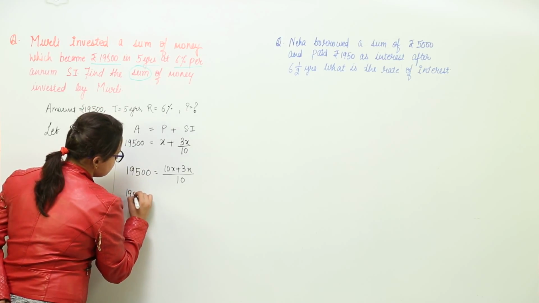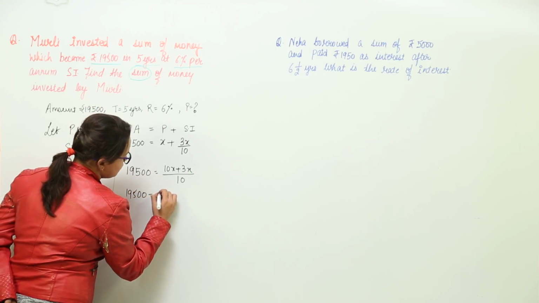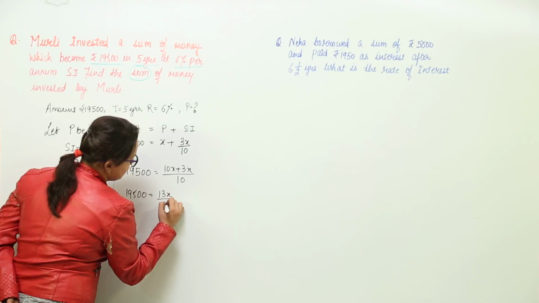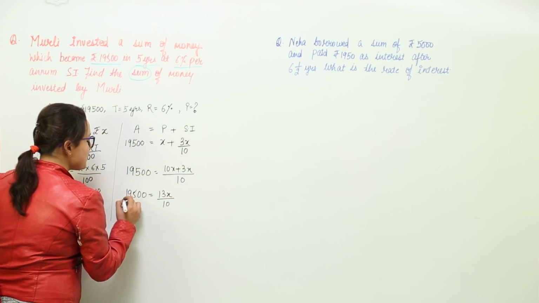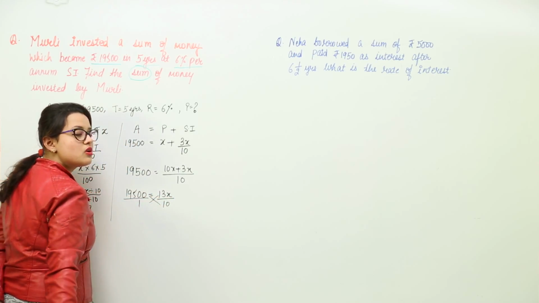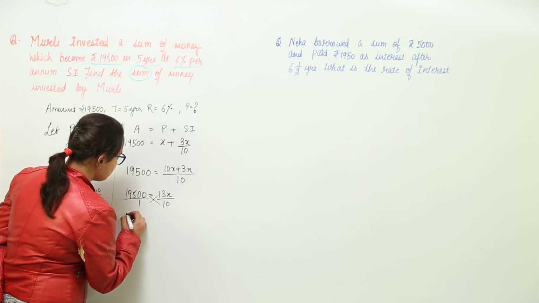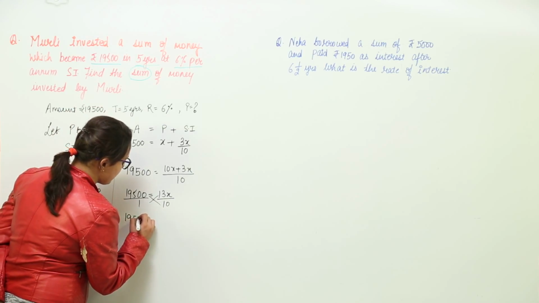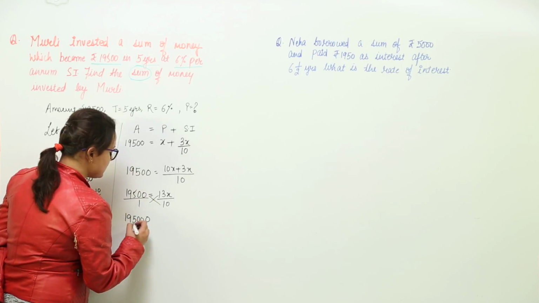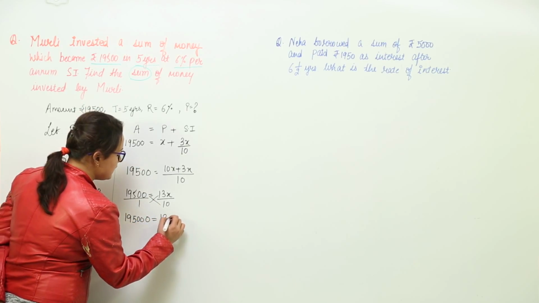Now on solving this, we get 19,500 equal to 13x upon 10. Now you can cross multiply because nothing can be solved any further. So on cross multiplication, we get 19,500 into 10 equal to 13x.